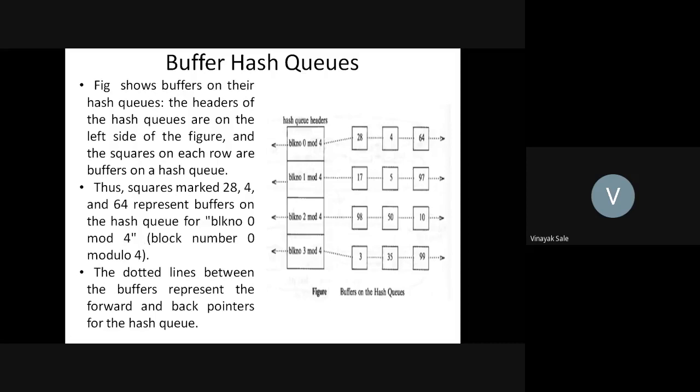The dotted lines between these buffers denote the forward and backward pointers for the hash queue. See this figure carefully.